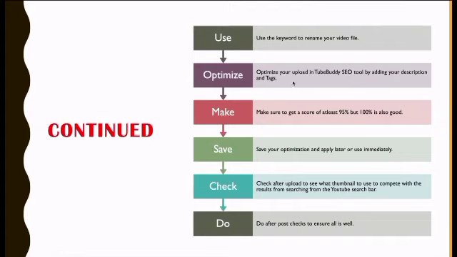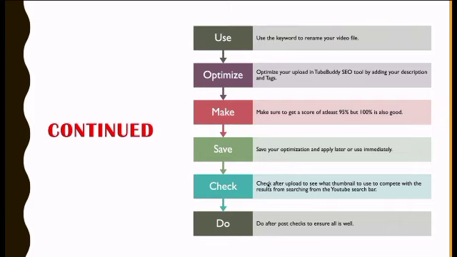So we have been able to use our keyword to rename our video file. We've optimized our upload in the TubeBuddy SEO tool, and then we've added our description and tags. We tried to get a score of at least 95, but 100% is good. We even got 100%. And then we saved the optimization and applied it later when we needed it.